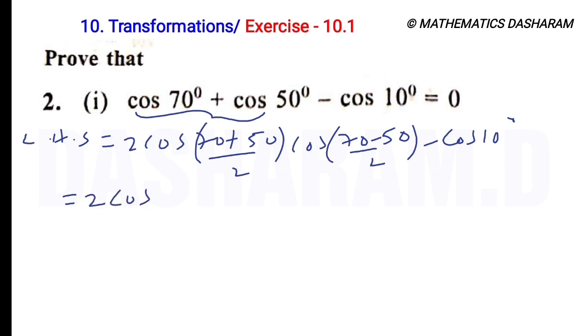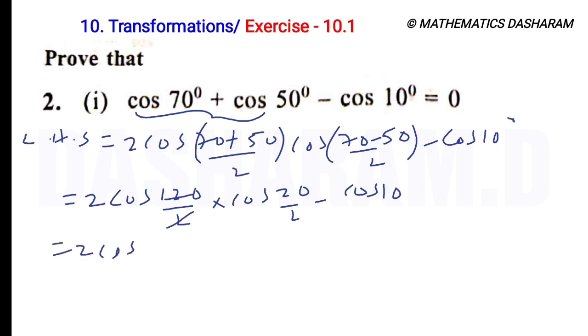So 2 cos (70 plus 50 is 120)/2 into cos (70 minus 50 is 20)/2 minus cos 10 degrees. So 2 into cos 60 degrees into cos 10 degrees minus cos 10 degrees.